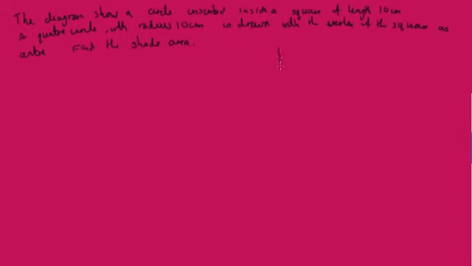This is what we've been shown. So we've got a square, and inside the square is a circle, and inside this is a quarter circle, and we want this area.